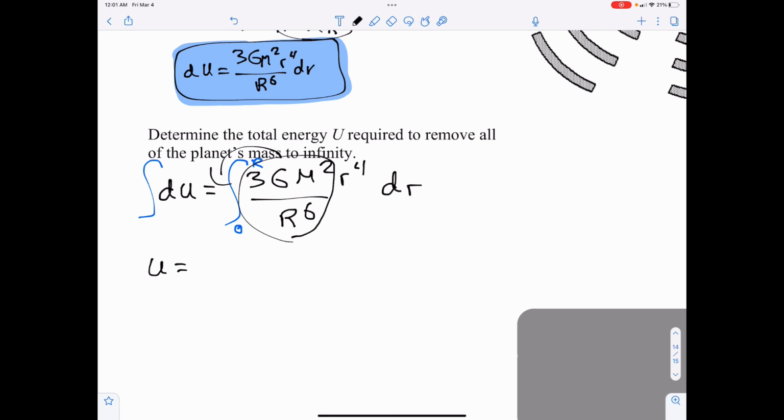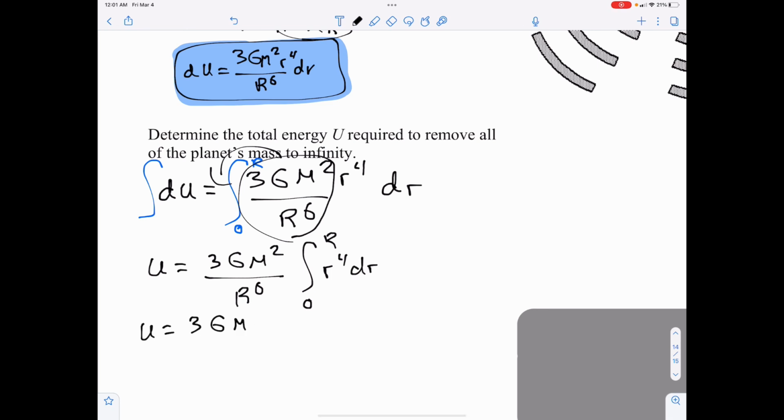So we're going to pull the 3 big G, big M squared over big R to the sixth power, and then we're integrating from 0 to R of r to the fourth power dr, which would be r to the fifth power over 5, evaluating from 0 to R.